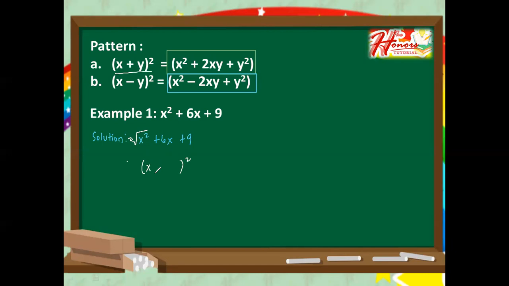Next, in our pattern, our operation in between the terms is addition. So just write plus. And then after that, you have to get the square root of 9. How to get it? You have to think of a number that when you raise to 2 is equal to 9. And that is 3, right? Why is it 3?